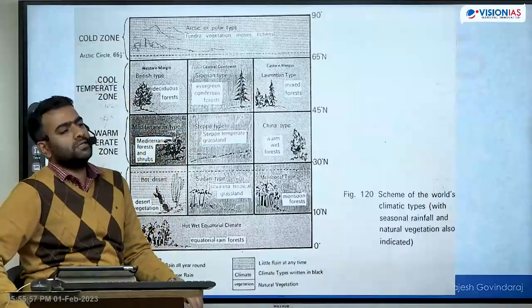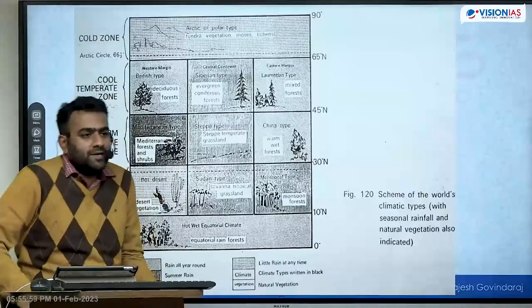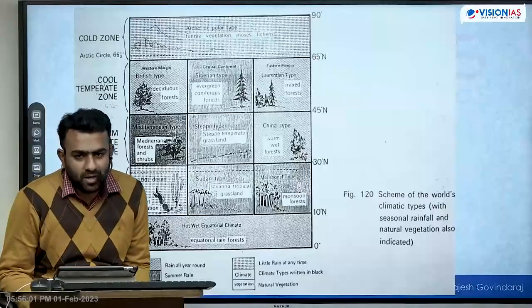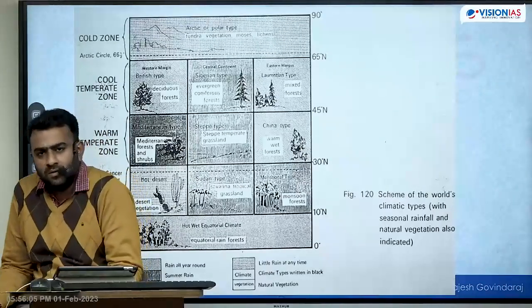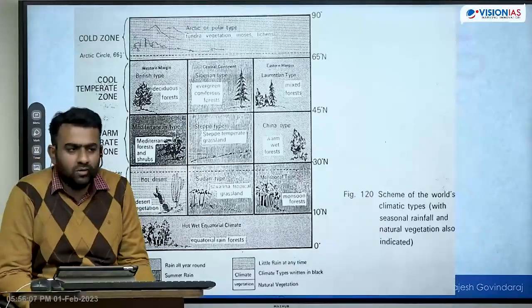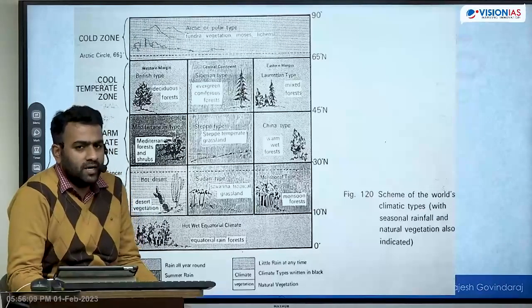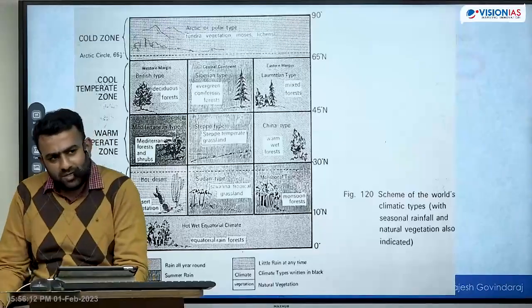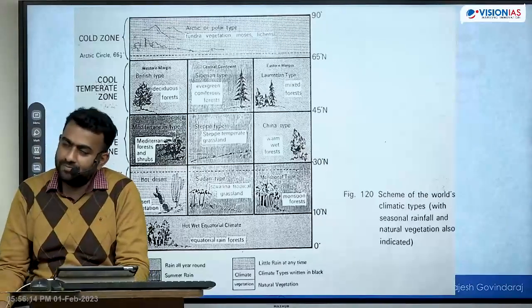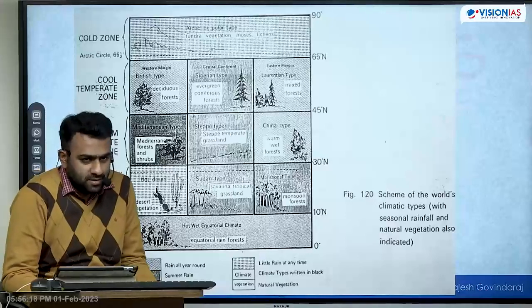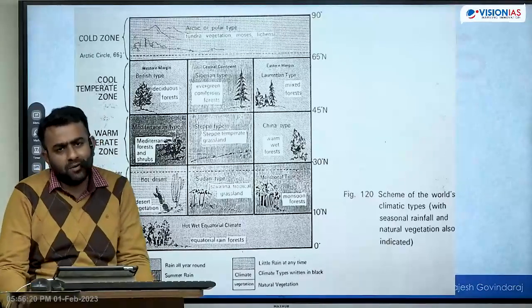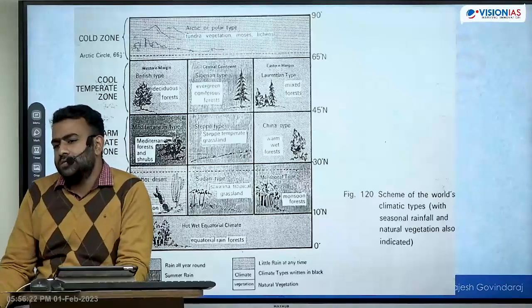Equatorial zone is hot and wet climate. Hot and wet equatorial type of climate. Hot zone eastern margin is monsoon climate. Hot zone continental is Sudan climate. Hot zone western margin is desert climate. Warm temperate eastern margin is China type. Warm temperate continental steppe type.